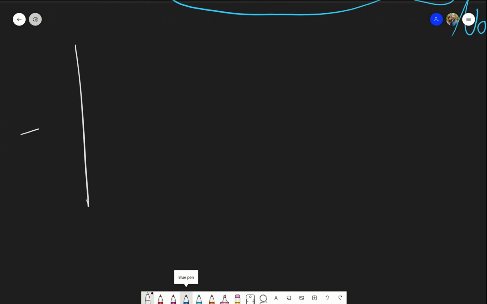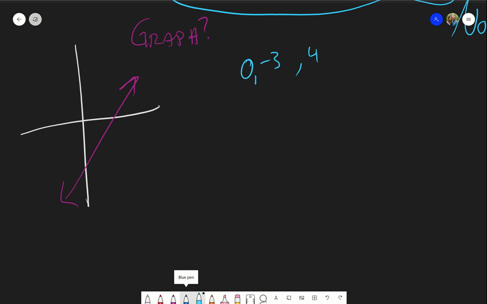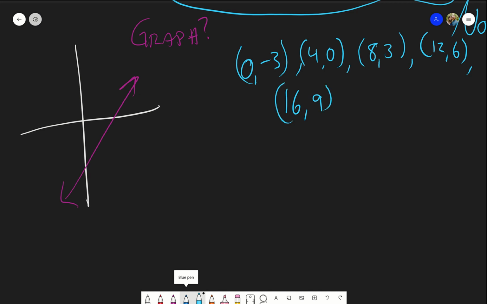All right, before we go, I want you to check 3 different things for me. First, is this graph linear? Is the graph linear? Second, is this set of ordered pairs linear? 8, 3, 12, 6, and 16, 9.